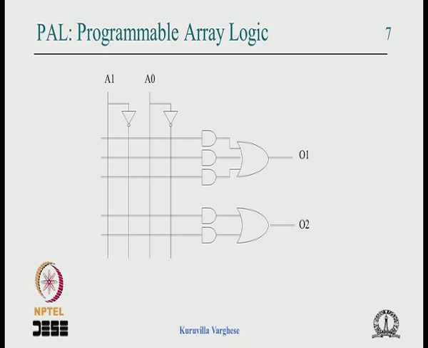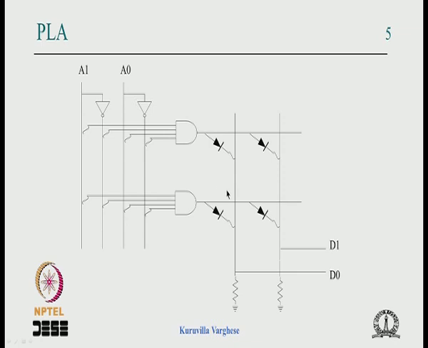Now I will use a shorthand for representing the AND gate. From now onwards it's very difficult, when we are going to see practical devices which have a lot of inputs. In a picture, if there are say 10 inputs, then we will have 20 vertical lines, and it's very difficult to show an AND gate with all the 20 connections.